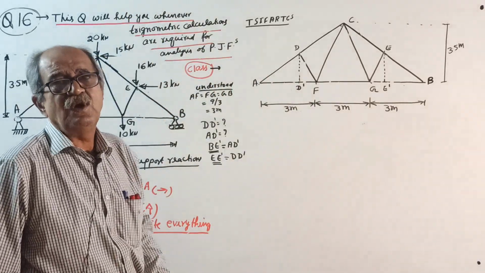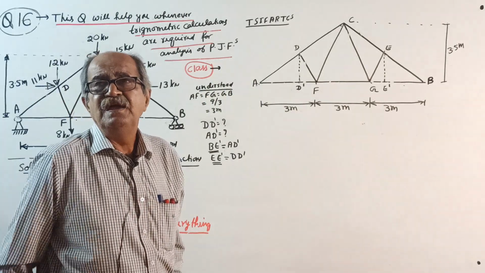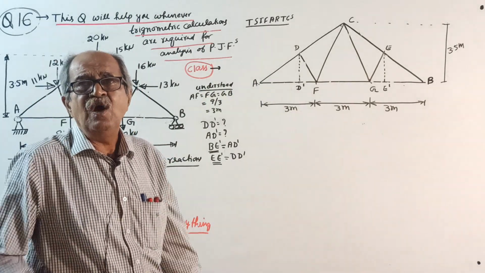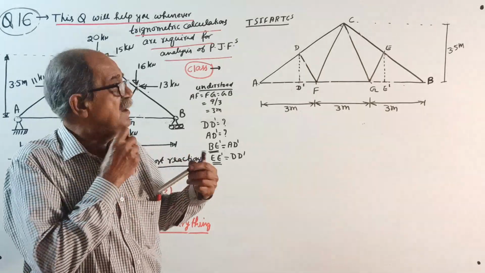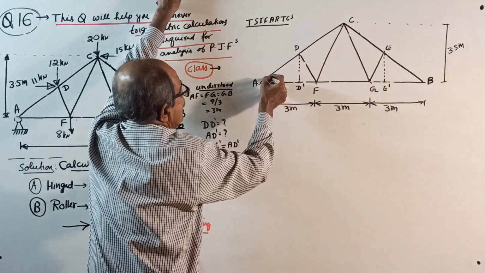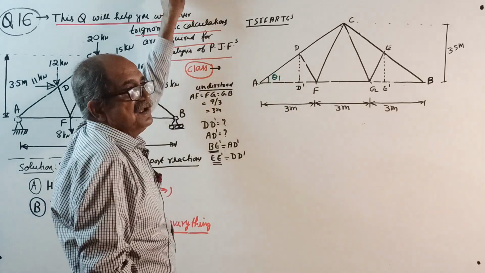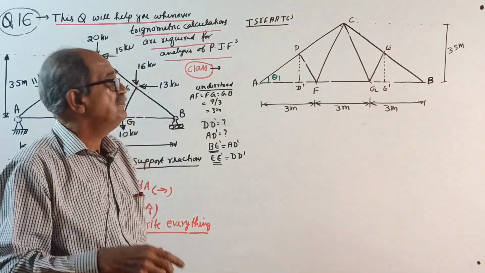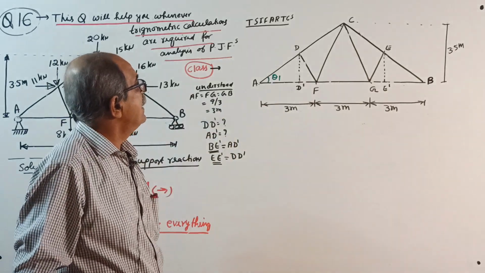Okay, that's all. But once you find the reaction, you require the angle of inclination for all inclined members. Therefore, for this member, let this angle be theta 1. You require theta 1. You write there. I am dictating because everything I can't write on the board. Theta 1 you require.